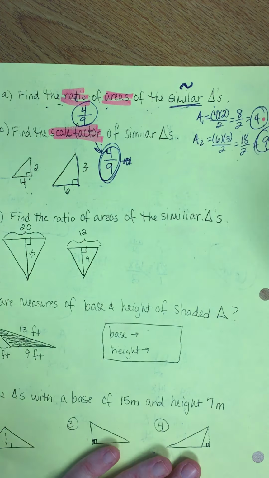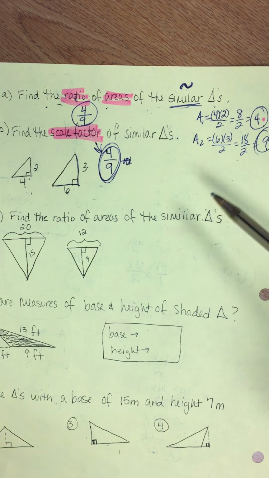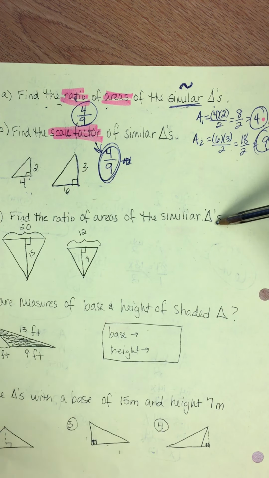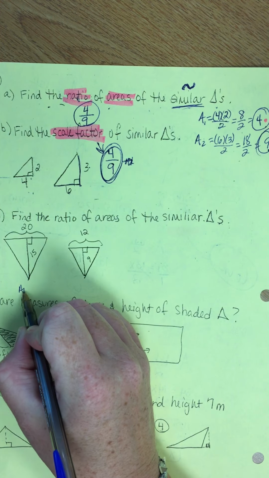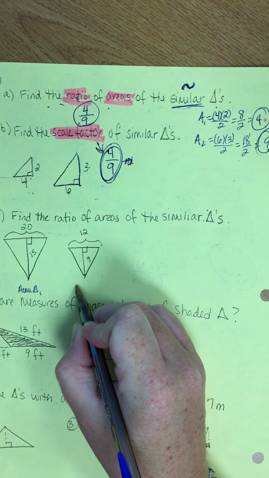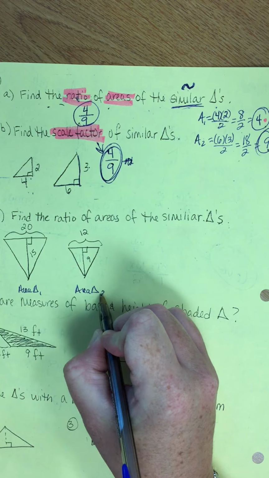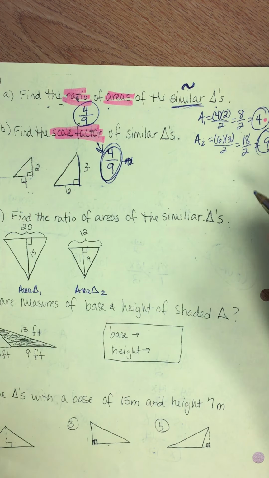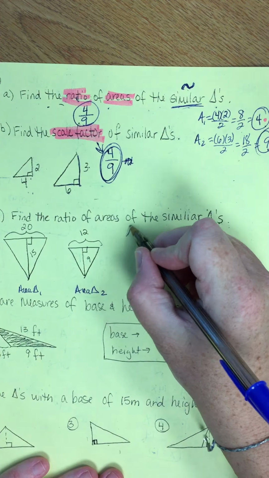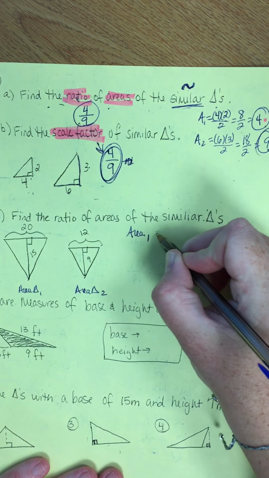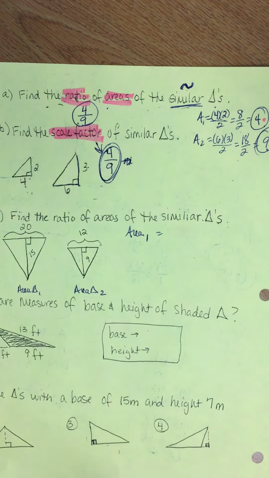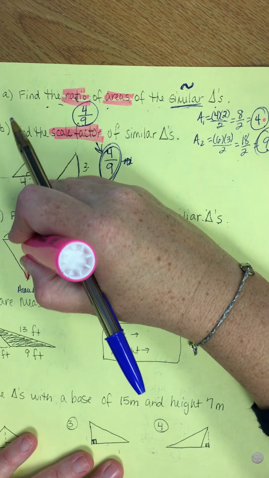All right, let's find the ratio of the areas of the similar triangles. First you find the area of triangle 1. Then you find the area of triangle 2. And we'll put them in a fraction. So let's find the area of the first triangle. Looks like my height is 15, it's inside.